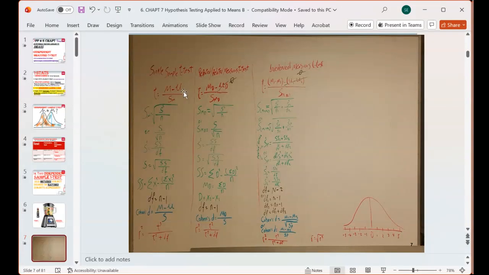It's just the mean of the previous group compared with something, divided by the estimated standard error. The second one, once again, is the sample mean difference minus the population mean difference, which the null says is always 0, divided by the estimated standard error of the mean difference.